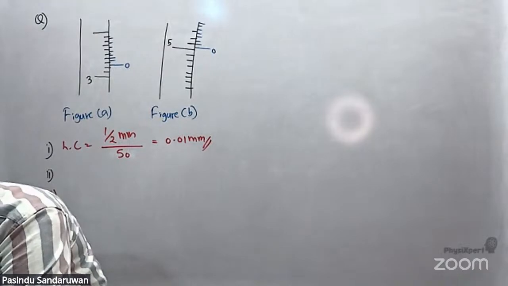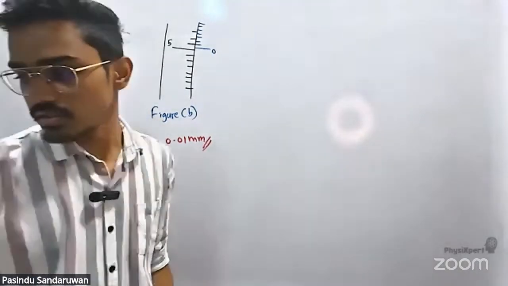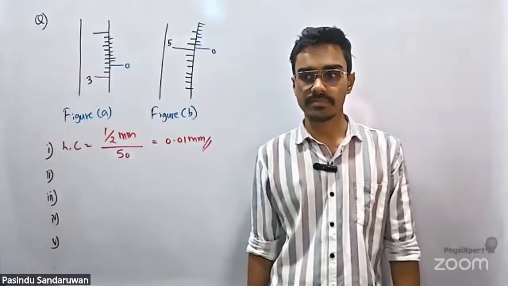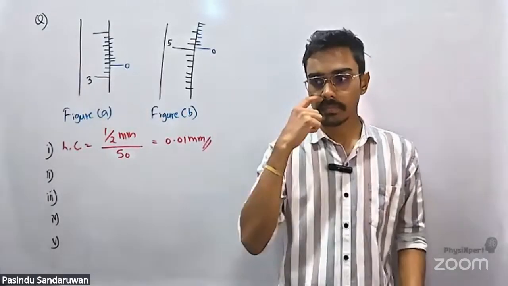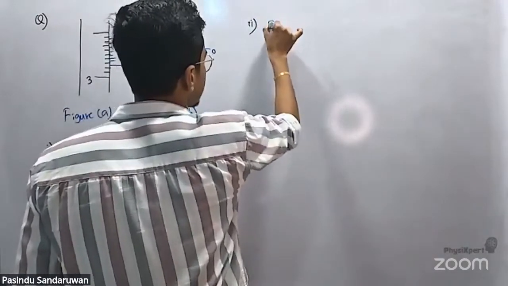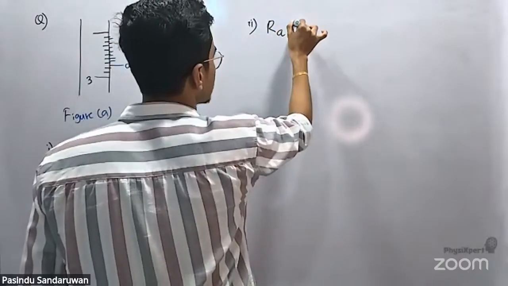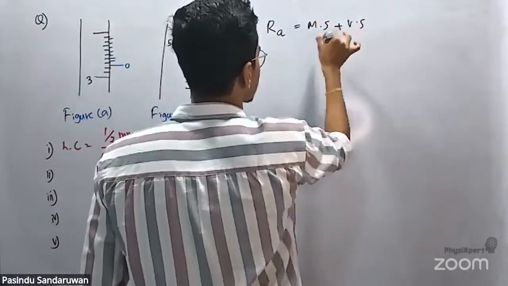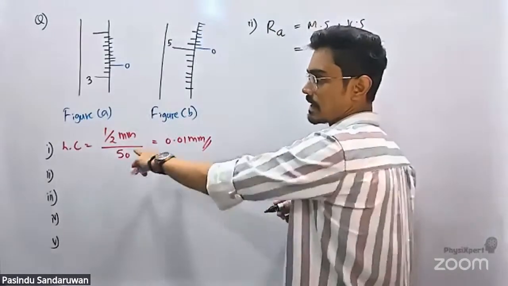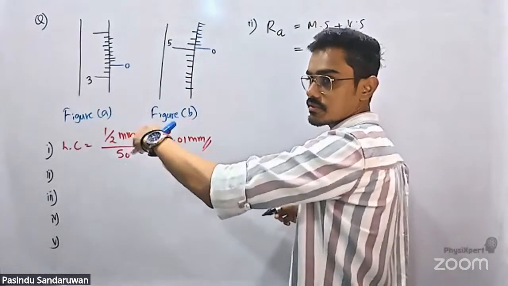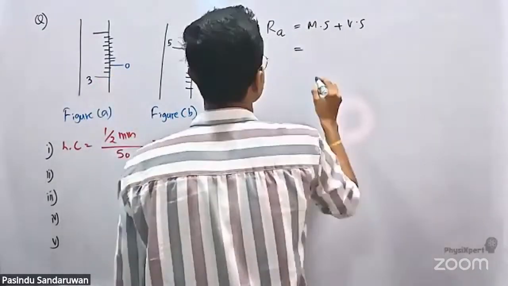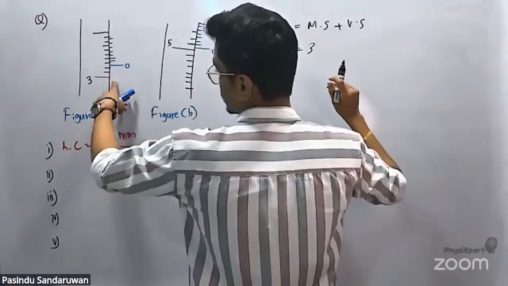31.02. One says 31.02. Okay. Others? Is it the same? So we know any reading, let's say reading at A, RA, is main scale plus vernier scale. Main scale is the completed main scale. In a traveling microscope we have divisions of half millimeters in the main scale. So this is 30, 30.5, 31.